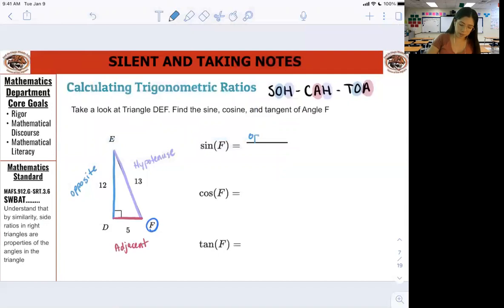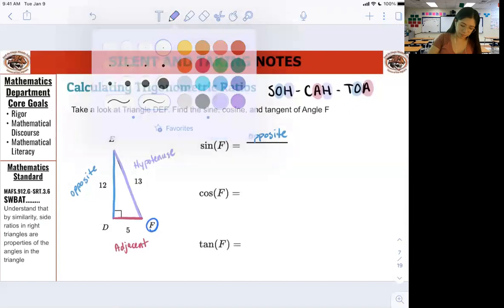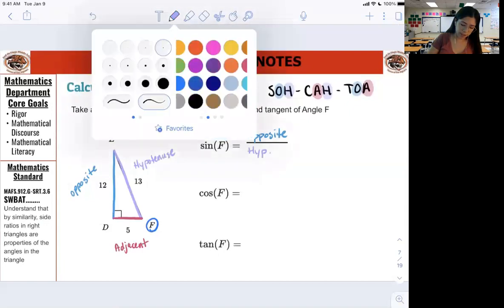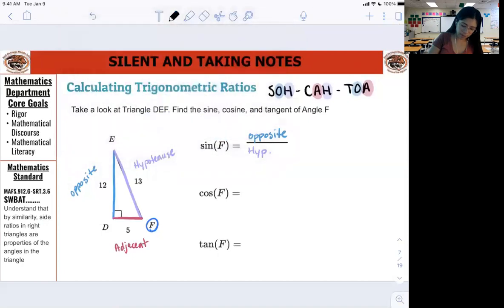So this is opposite over hypotenuse. Okay, so in this case, the sine of F would be what? Good, 12 over 13.